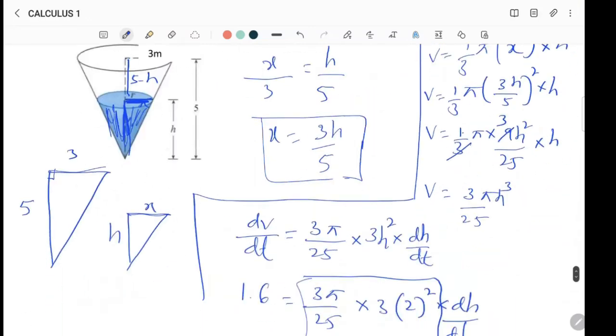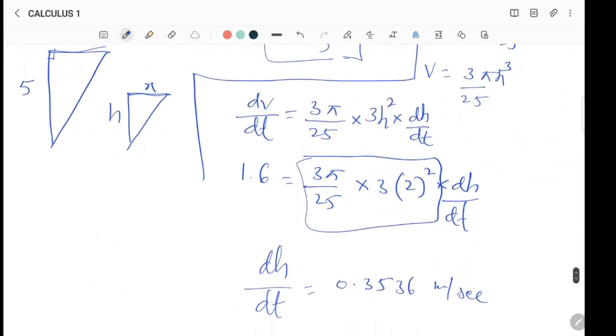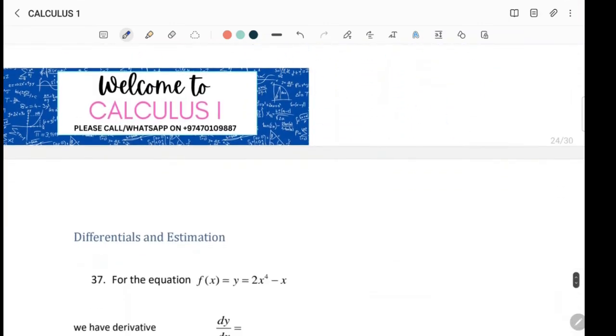Because, sorry, meter per minute, it's given in terms of minute. Okay, this much. Calculation you can check once more. So we got the answer.